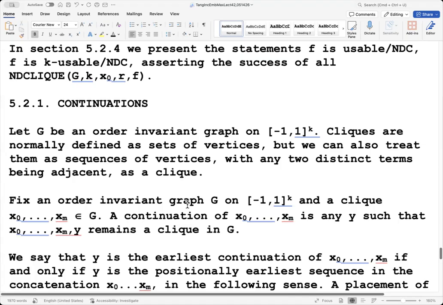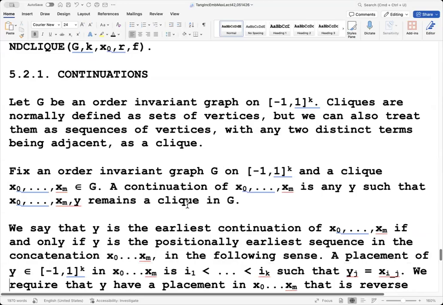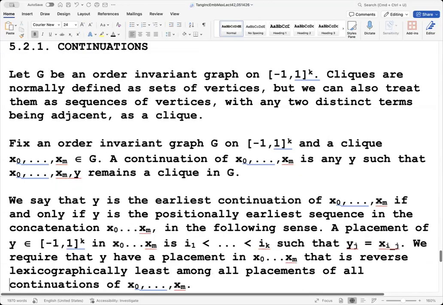Continuations just mean that we introduce a new term.